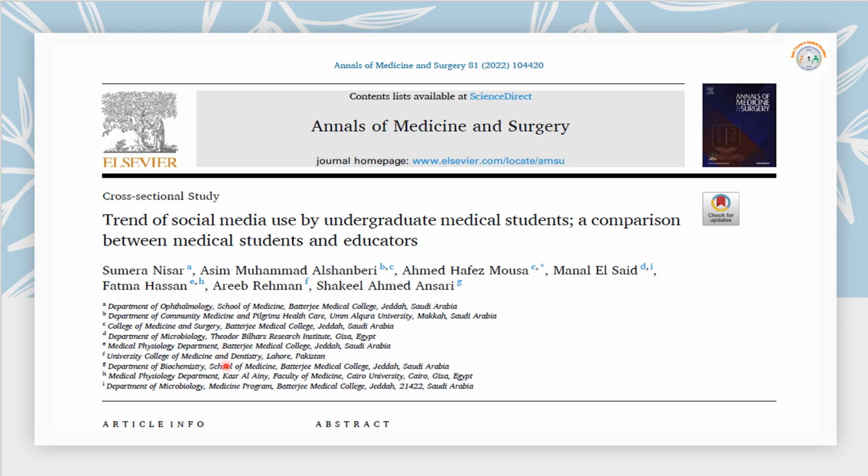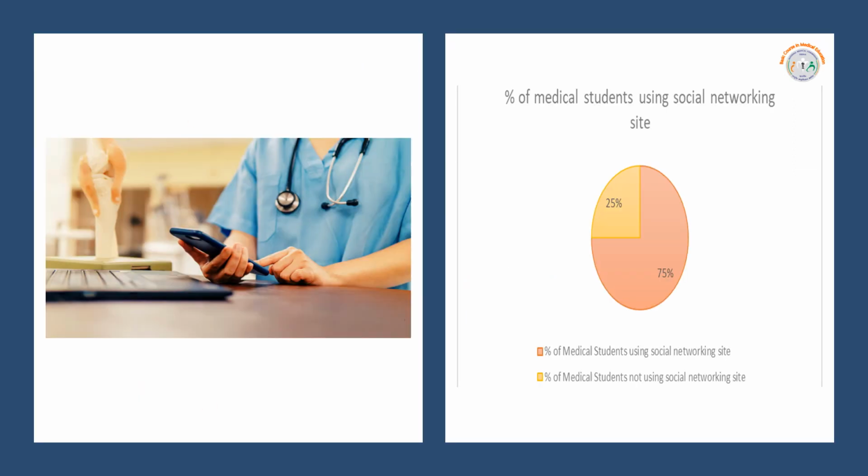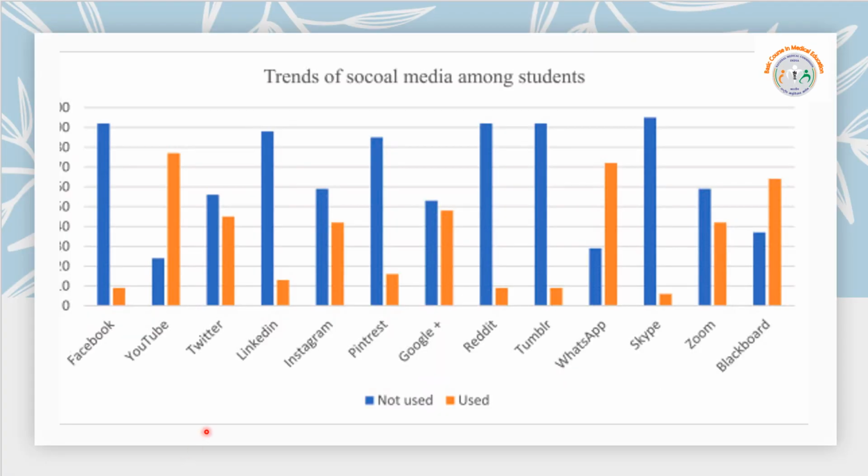It was published in Elsevier, and it showed that 75% of the medical students use social networking sites. And what is the trend of using it? You can see wikis are most commonly used, then Wikipedia, then YouTube or podcasts, blogs, Facebook, WhatsApp, Instagram. These are the trends of social media among the students.